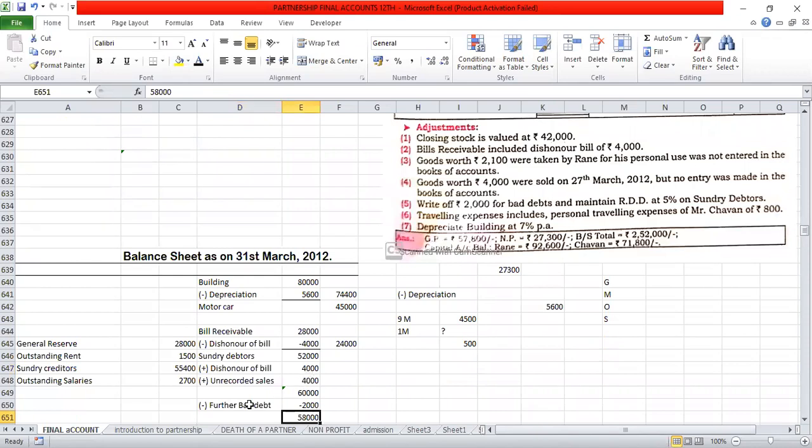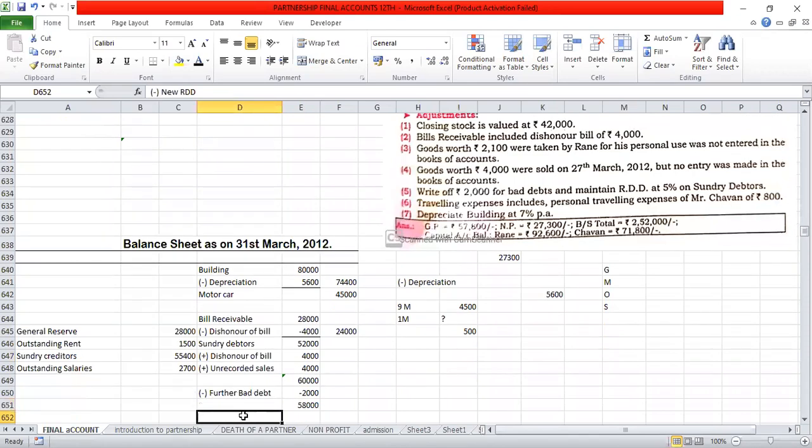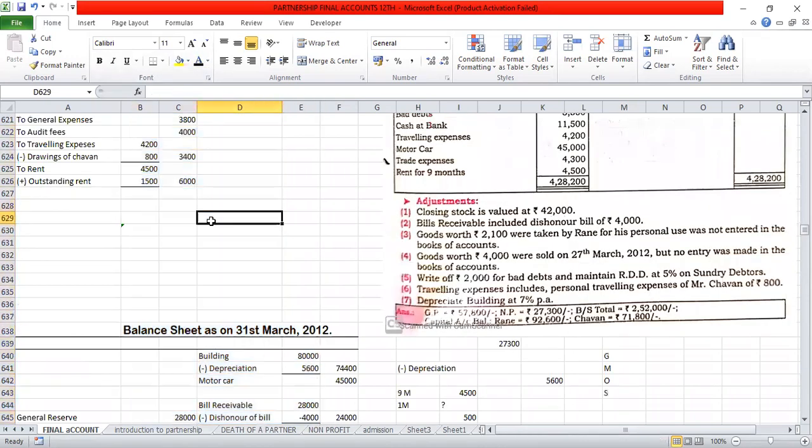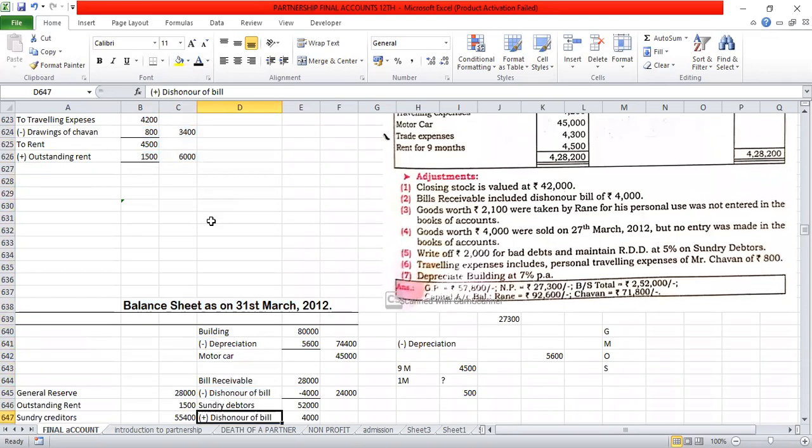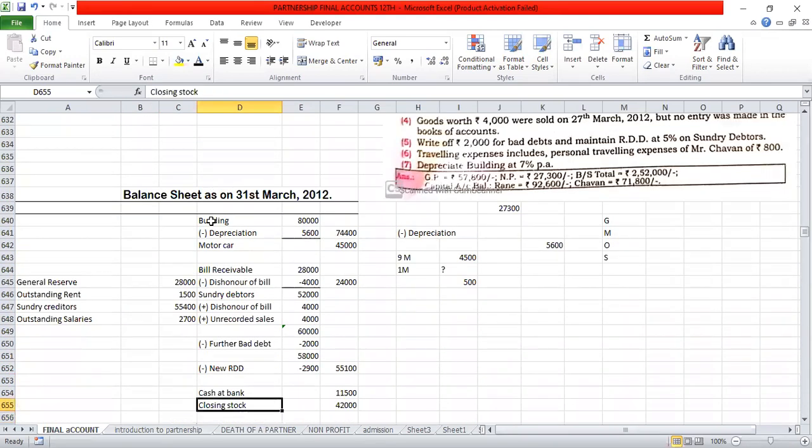Calculate 5% of 58,000: 58,000 into 5 upon 100. 10% is 5,800, half of that is 2,900. Minus it, and the outer column is 55,100. Do you all understand? So in the outer column you will write 55,100.